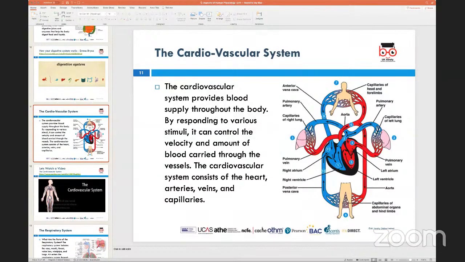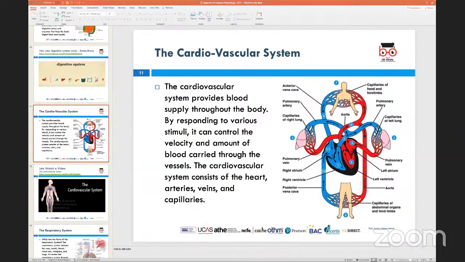The blood is supplied to all organs when the body responds to any stimuli or reaction, and the blood transmits the signal to different organs and organ systems within the body.